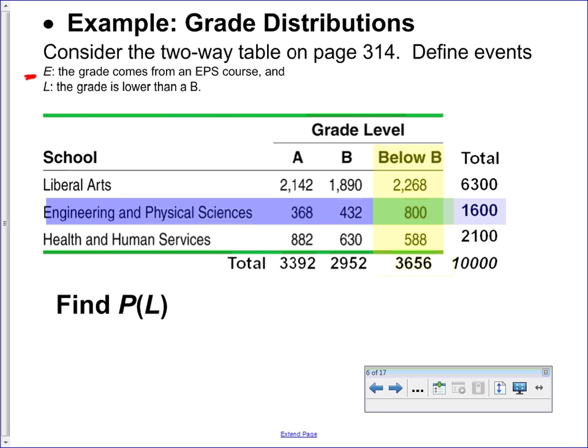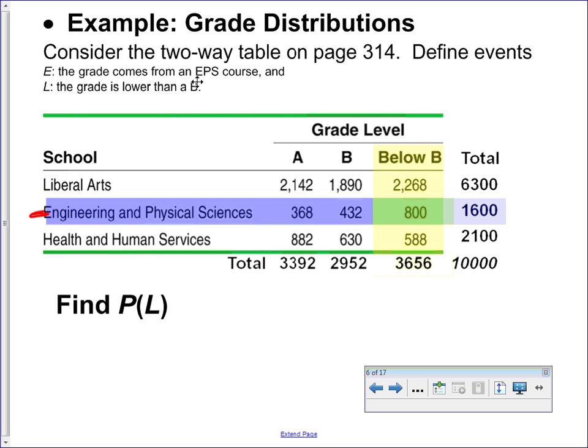All right, so EPS course is Engineering and Physical Sciences, so it's this one. And we have divided into A's, B's, and below B's. So, find the probability of L, that the grade comes from an EPS course.